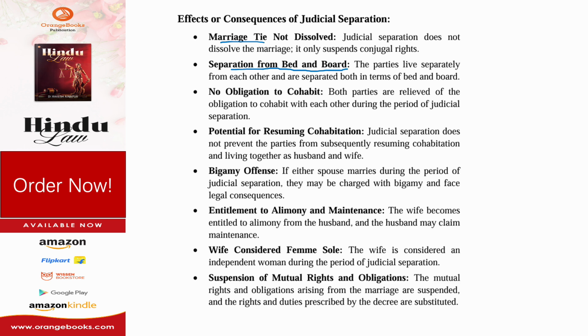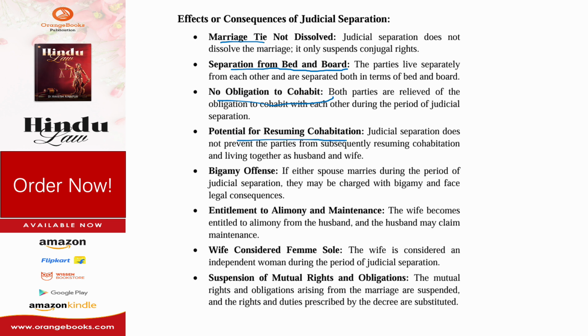It will be a physical separation, and they will not live together and they will not eat together, but still the marriage is a valid marriage, and there is no obligation to cohabit. There is no necessity to live together. Once reconciliation happens between husband and wife, they can resume cohabitation.